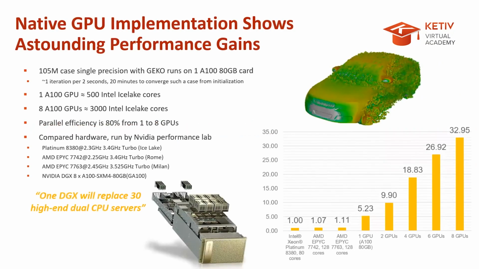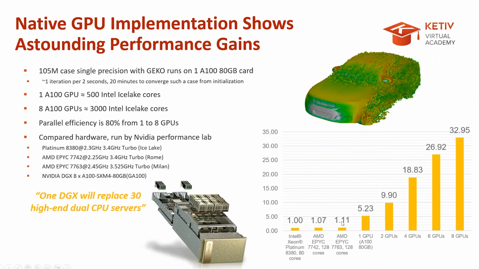So this is an external aerodynamics problem where you're looking at the drag over a car. And we did this problem with 105 million cells in single precision with the generalized k-omega model. And to compare it to the conventional CPU approach, we are using the Intel Xeon Platinum Ice Lake cores as the basis for comparison.